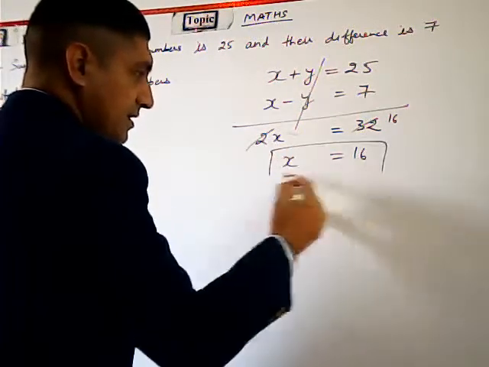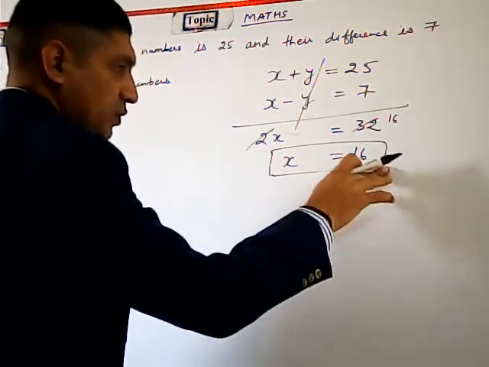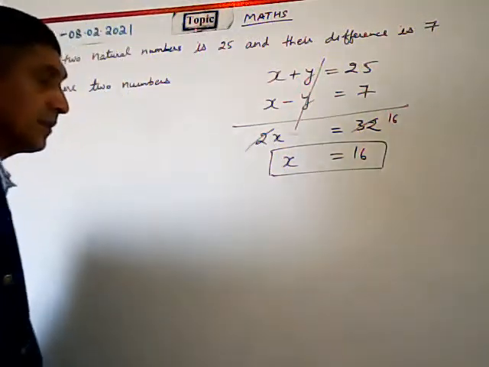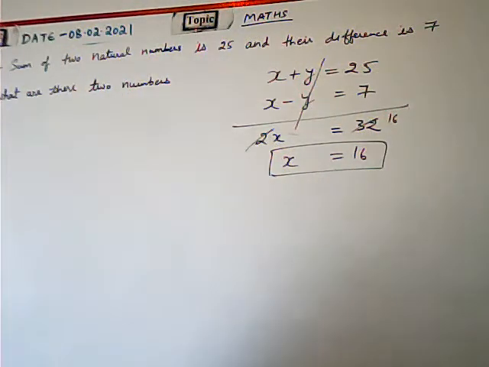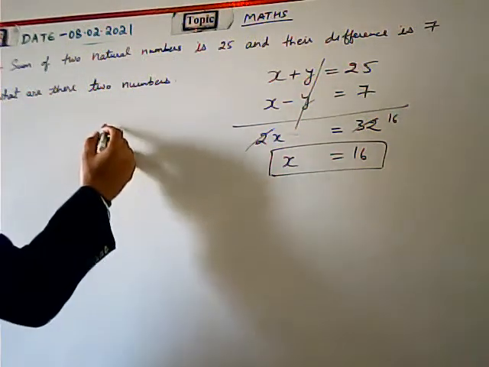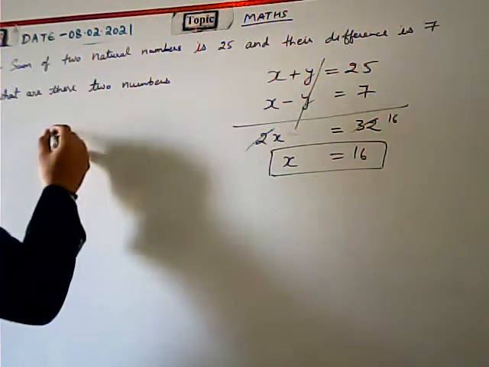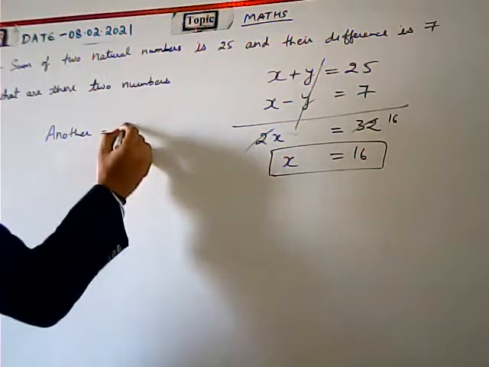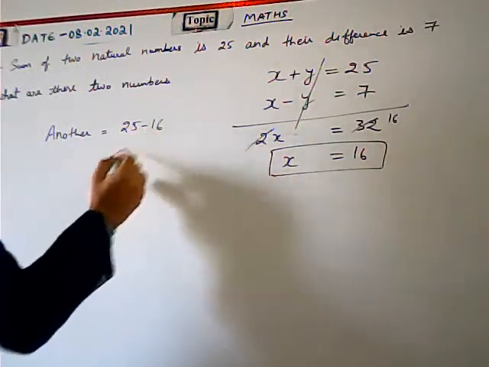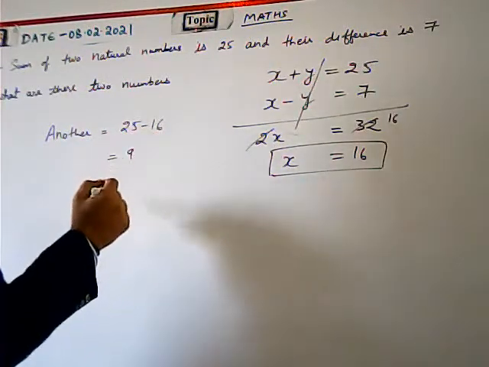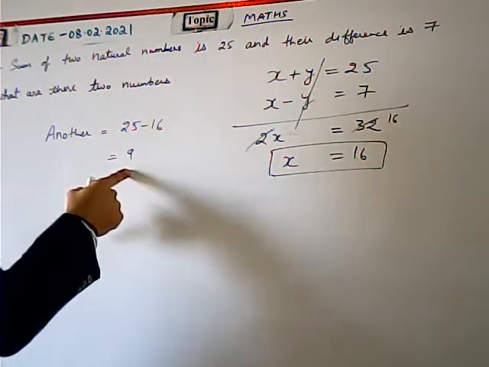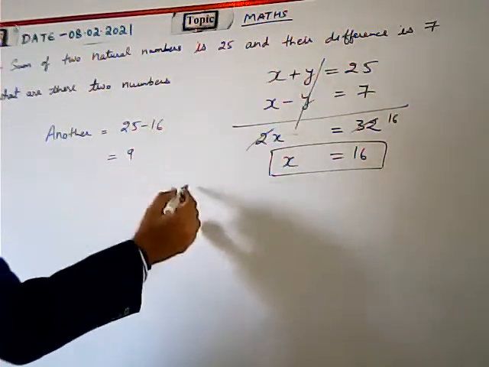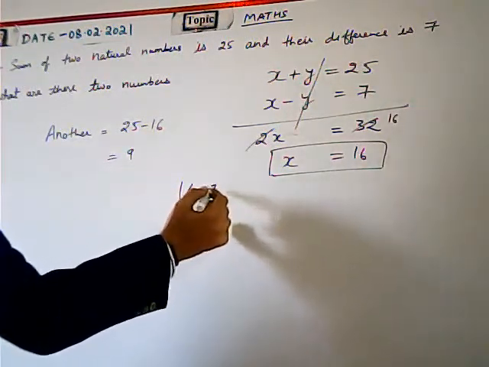So one number is 16, and the other number is 25 minus 16, so it is 9 here. So the numbers are 16 and 9.